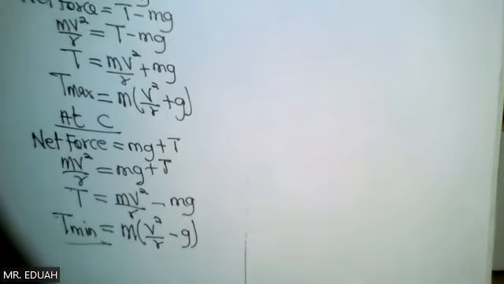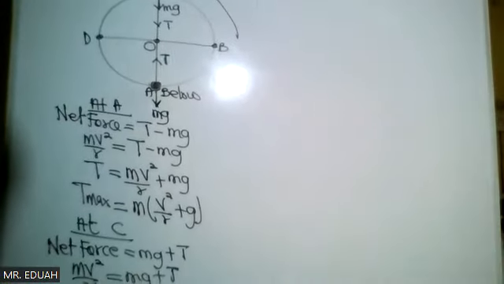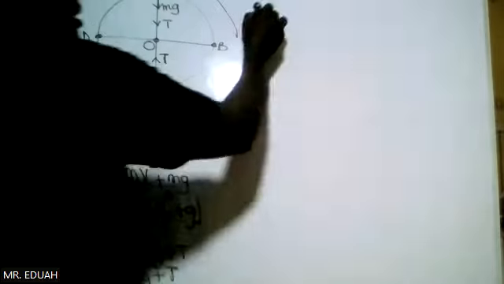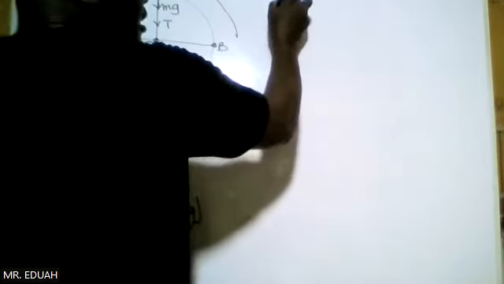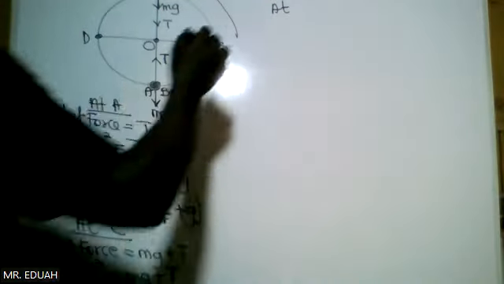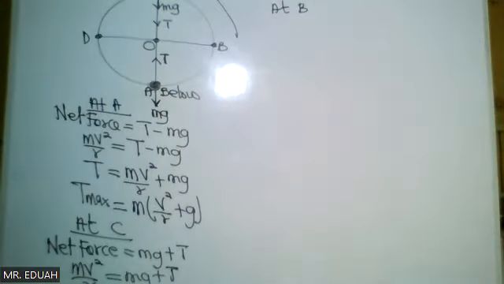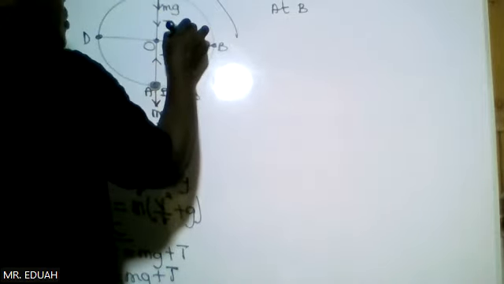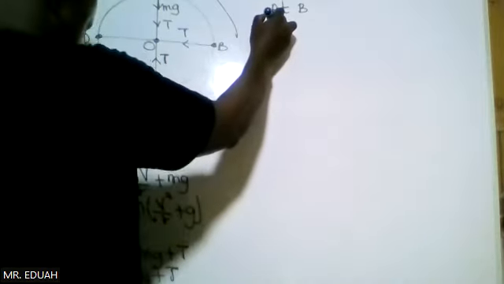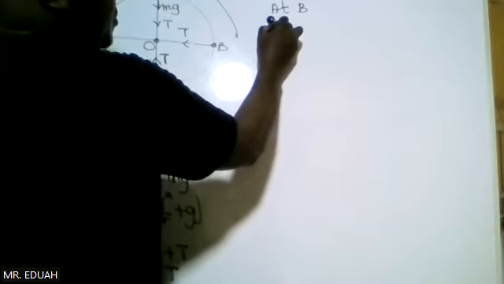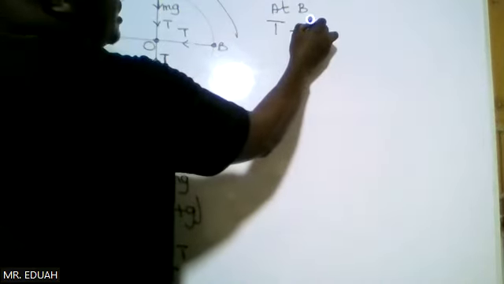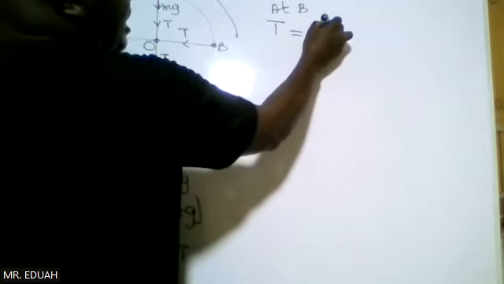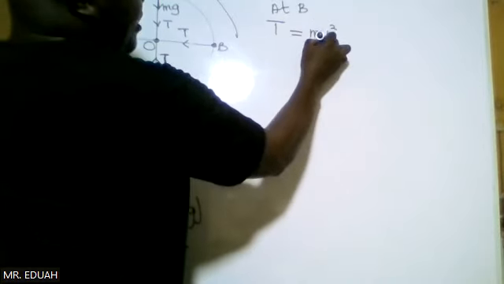At B, we drew the conclusion that when the body is at B, the tension in the string is equal to the centripetal force, mv squared over r.